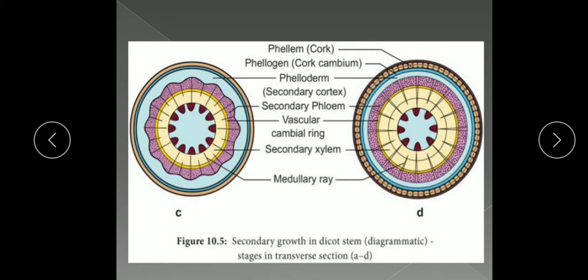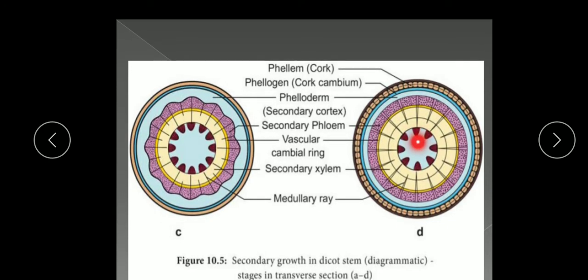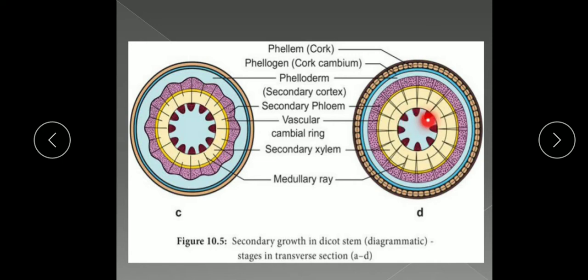So when secondary growth has taken place for a number of years, the centrally situated wood becomes darker and harder. So it is known as the heartwood or duramen, while the peripheral wood comprising a few years growth remains pale and soft, and this is known as the sapwood or the alburnum.